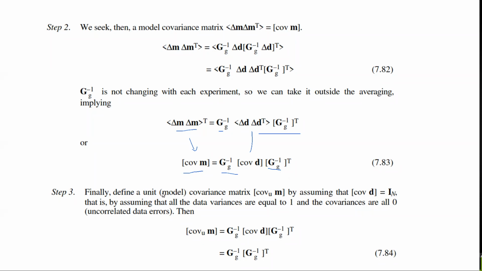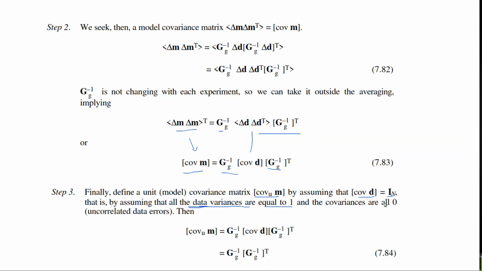And so finally, if we define the unit covariance matrix U_M, this is the model covariance matrix, and this is the unit covariance matrix, by assuming that the data covariance matrix is just the identity matrix, okay? Which means that we are assuming that the data variances are all equal to 1, okay?